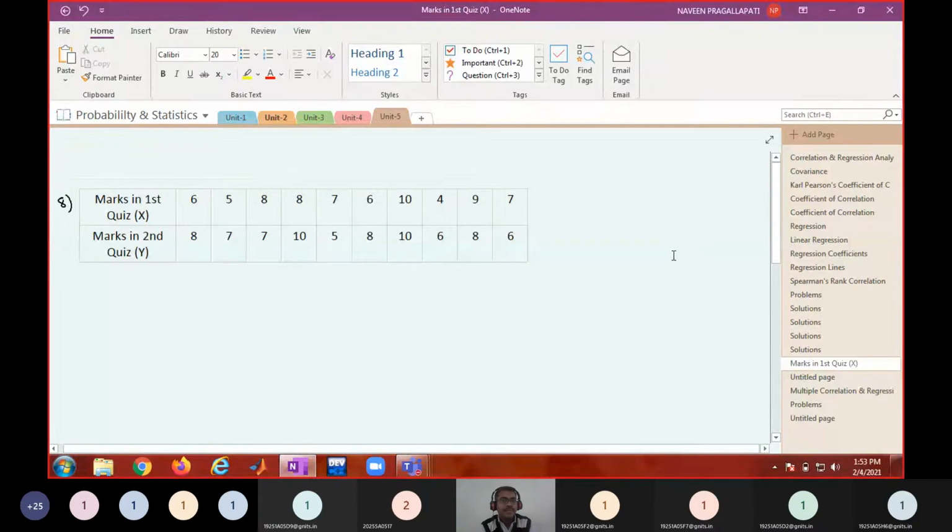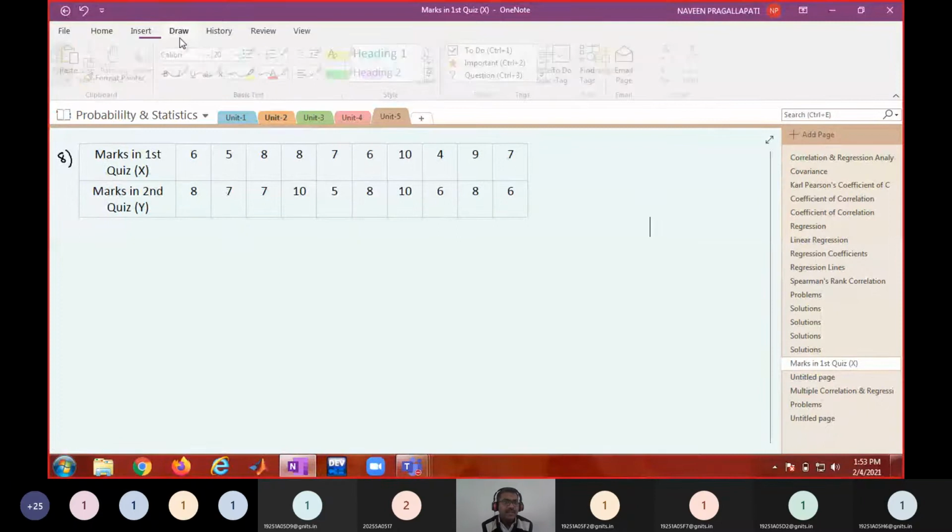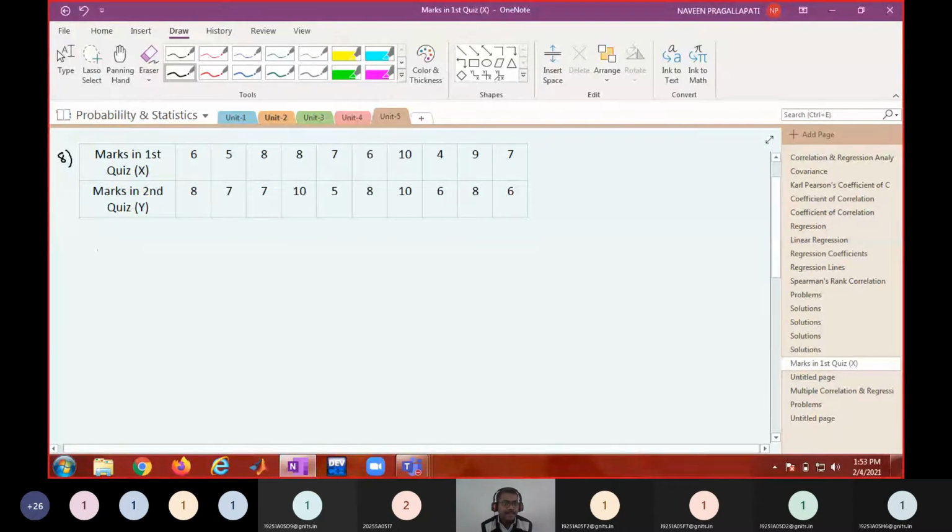So what we do, first we write down the X data in ascending order, in order of magnitude. Can you tell me the minimum value in X data? 4. What is the next value? 5, 5.